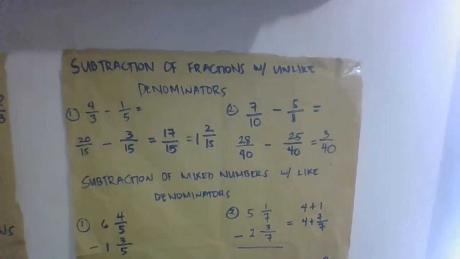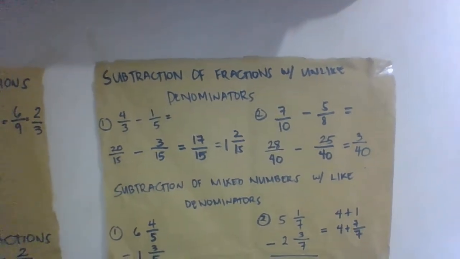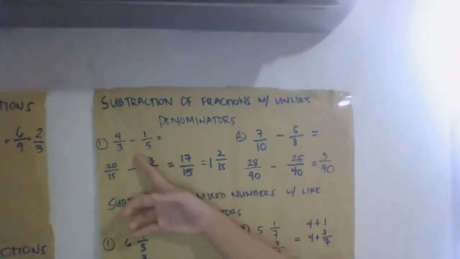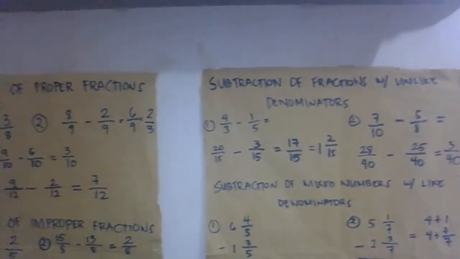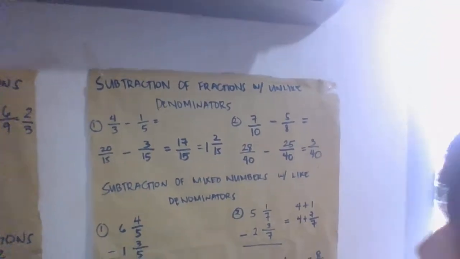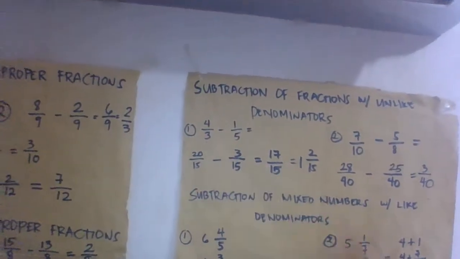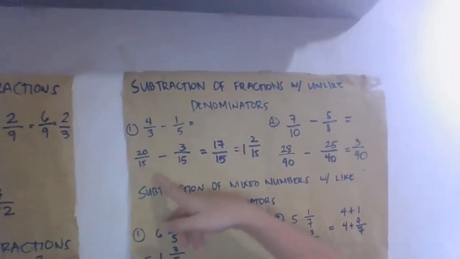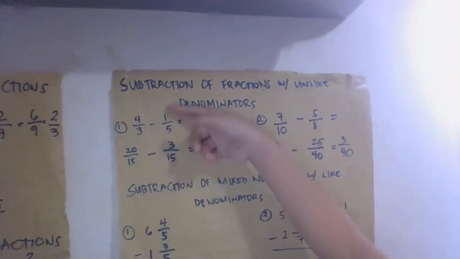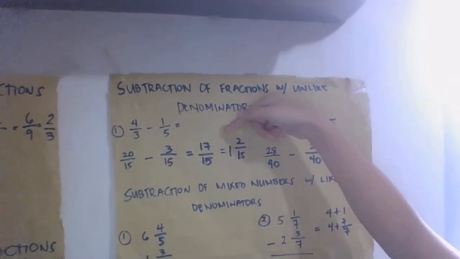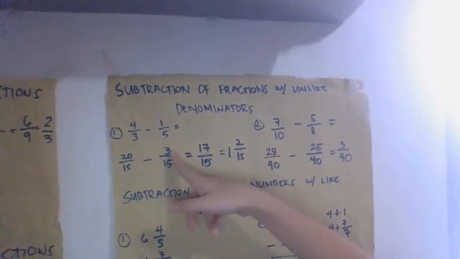Subtraction of fractions with unlike denominators. So it's just the same as here. 4 minus 1 equals, but we still need to find the LCD. So 5 times 3 equals 15. And we need to times it also here, so it will become 3.